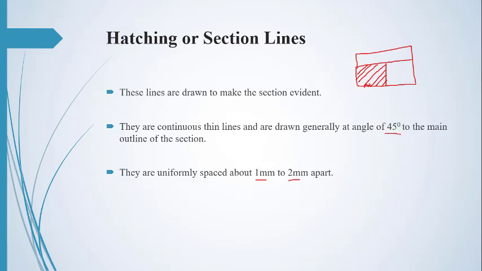Whether you want to draw the lines from this side or from this side depends upon you. However, the angle provided will be 45 degree, and the space provided will be 1 millimeter or 2 millimeter. So these are the hatching lines.